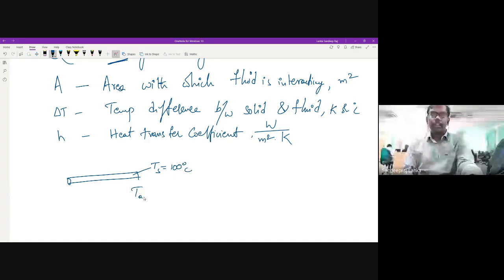And the atmosphere temperature, it is the fluid around, the fluid with which the solid is interacting, is equal to 15 or 20, whatever the atmosphere temperature is.